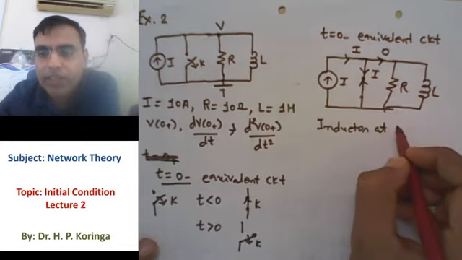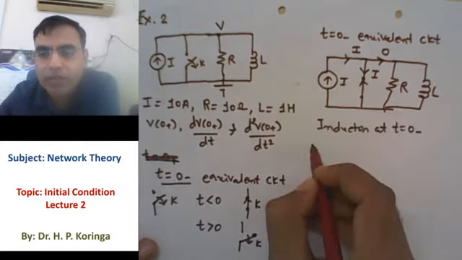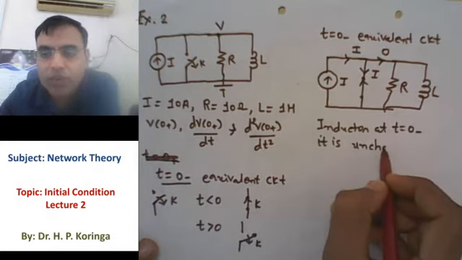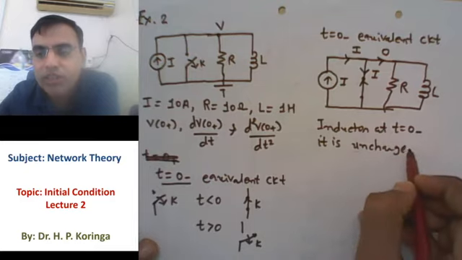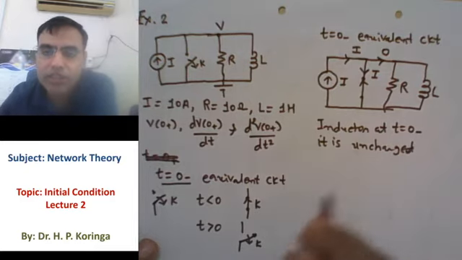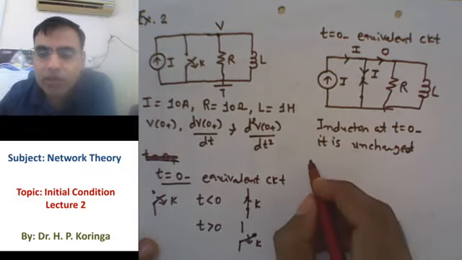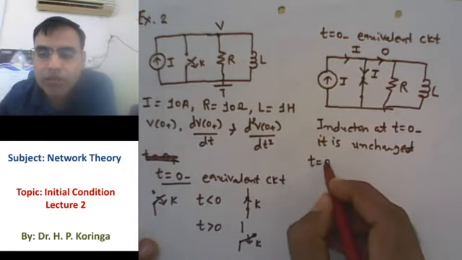The inductor at t equal to 0 minus time is uncharged. It is not connected to any source. It is an uncharged inductor. So with the uncharged inductor, now we can draw the equivalent circuit at t equal to 0 plus time.